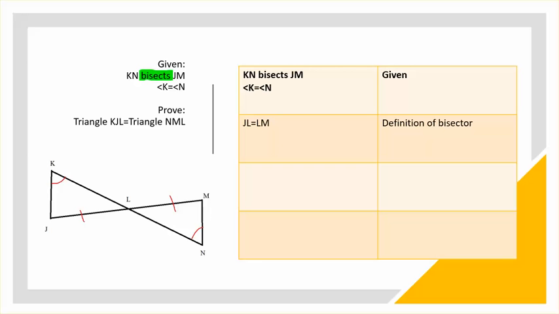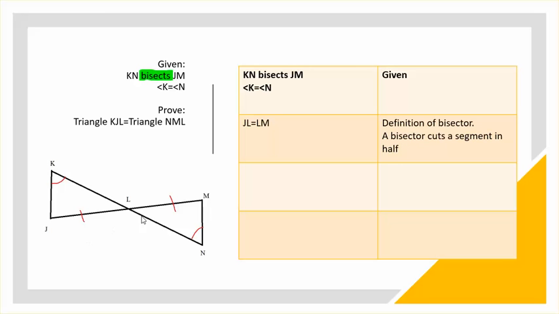A lot of students prefer to write this in their own words and explain what it means. For example, you might write down a bisector cuts a segment in half, or to bisect creates two equal parts. Anything that tells me that you understand what bisect means and that that's kind of the key word.